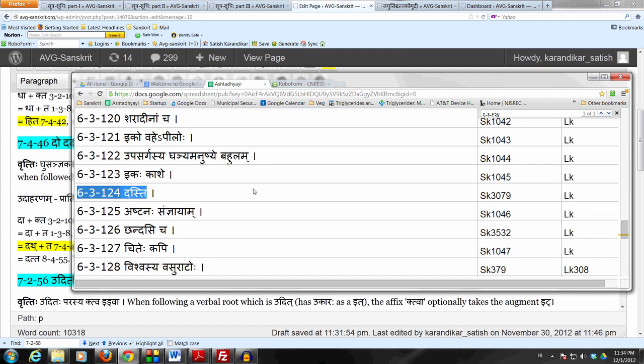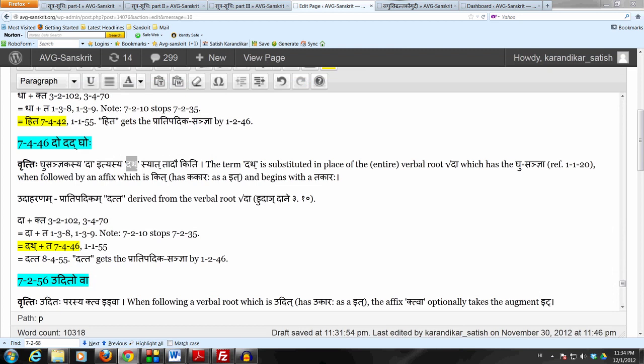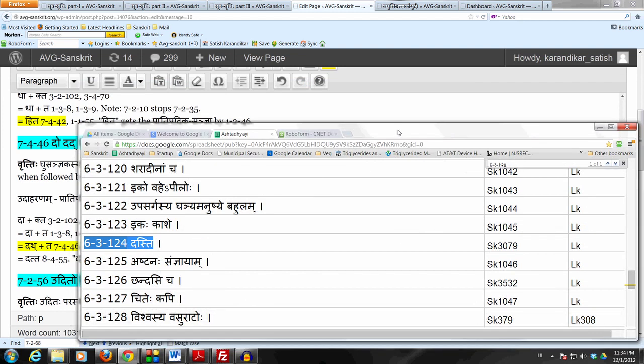So that would be a potential problem with 63124 coming into play if we made the adesha dat with a takara at the end in this sutram 7446.